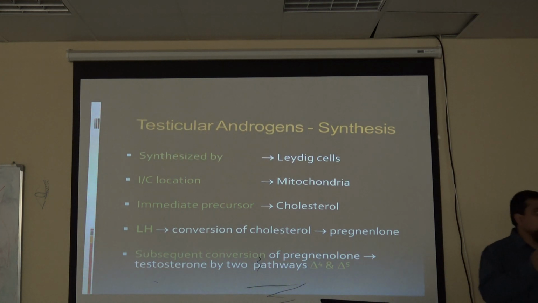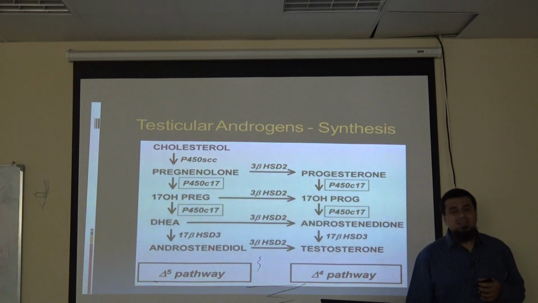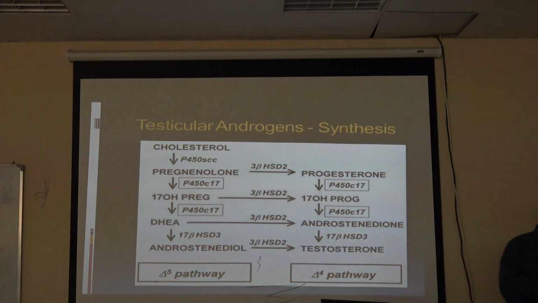Then the pregnenolone undergoes two sets of pathways. One is called the delta 4 pathway and the other is called the delta 5 pathway. Delta represents the presence of a double bond. If the double bond is present at position number 5, this is called the delta 5 pathway. If the double bond is present at position number 4, this is called the delta 4 pathway.